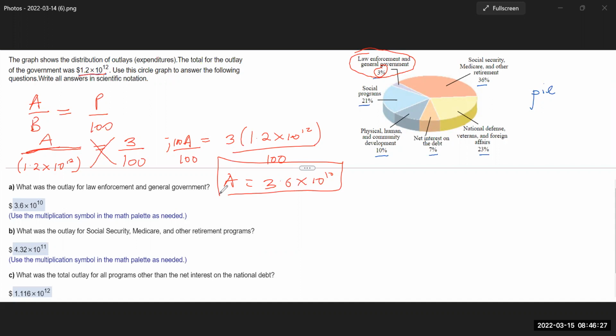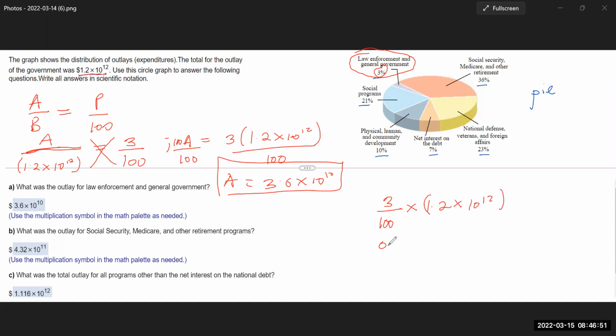So this is method one. If you decide not to go the formula way, where the amount over the base is equal to P over 100, you just need to do 3%. Percent means out of 100, multiplied by 1.2 trillion.